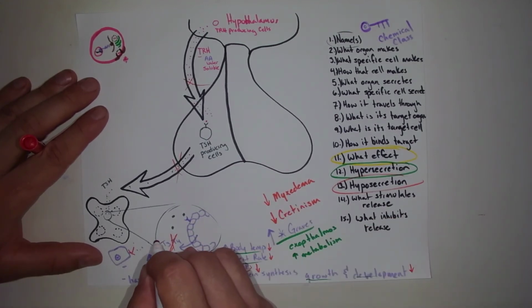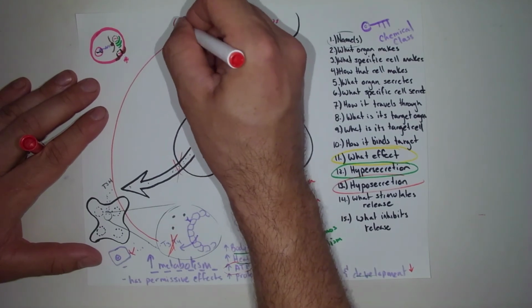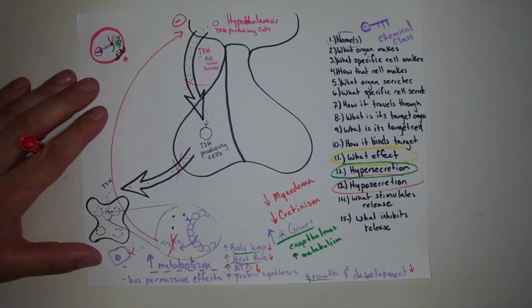So it's really T3, T4 and its effects that are going to come back to inhibit TRH.